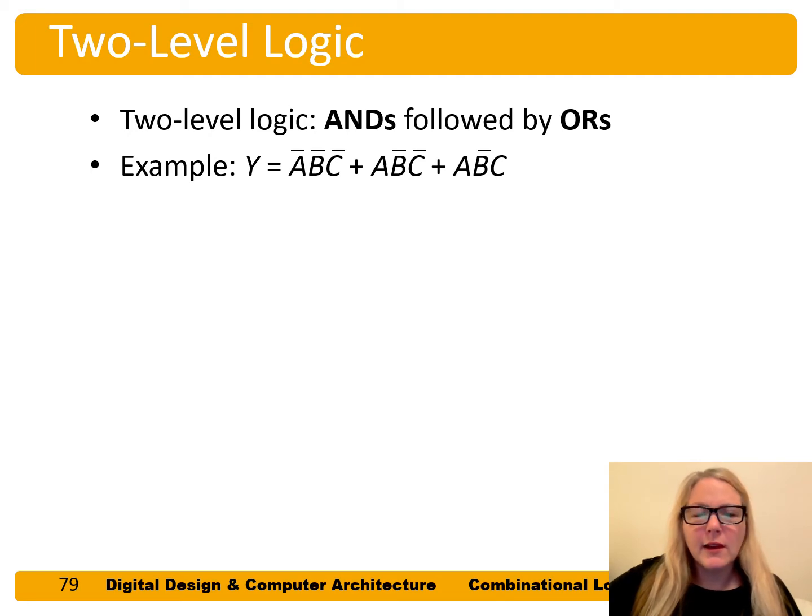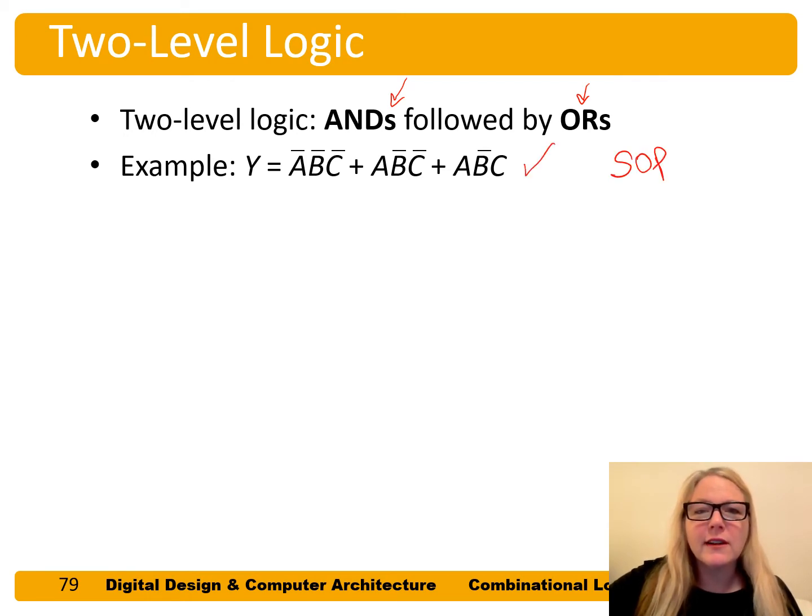So again, two-level logic is ANDs followed by ORs, and this is useful for implementing SOP, or sum of products, because we have our product terms, our AND terms, and our sum terms. And this can be used for minimized sum of products form or canonical sum of products form.